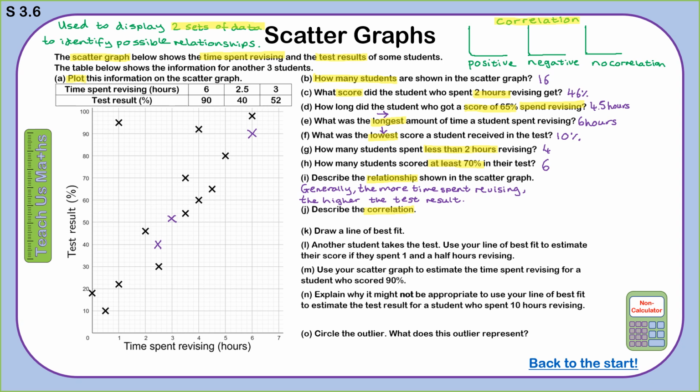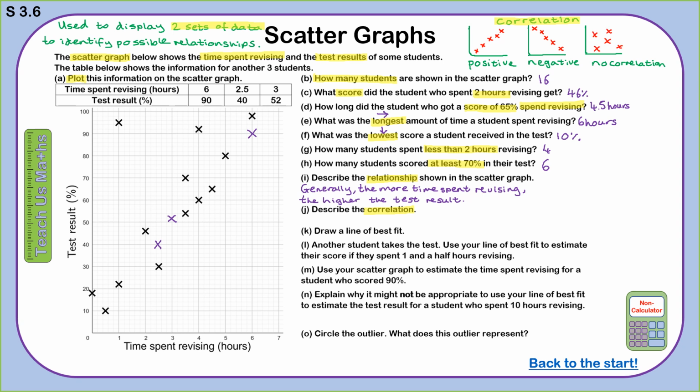The points are going uphill. A negative correlation means that as one variable increases, the other decreases. The points are going downhill. And no correlation means that there is no connection between the two variables. The points are all over the place.